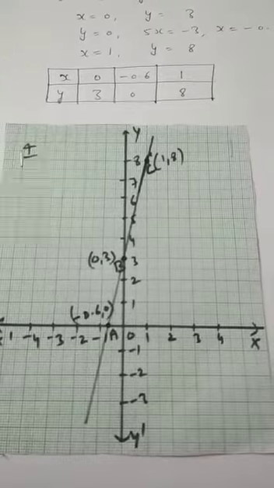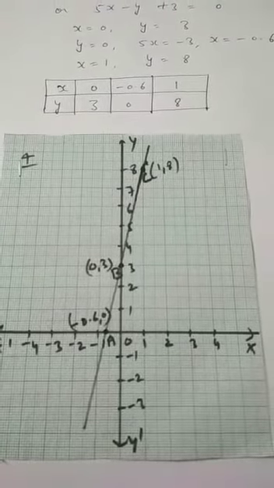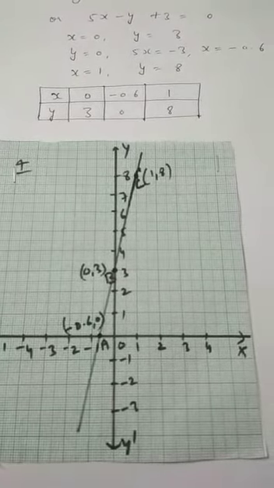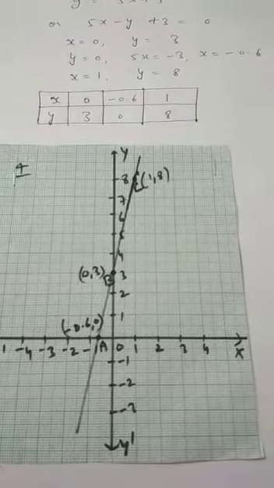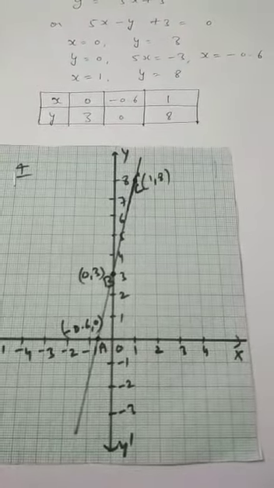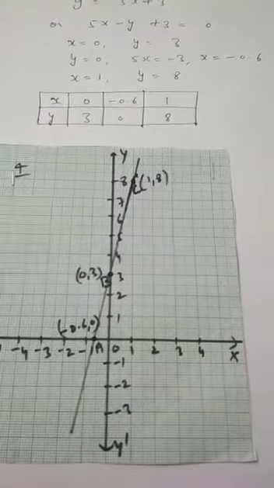Look at the graph. Here point A shows minus 0.6 and 0. Whenever you plot a point, first take the x coordinate and in the same line you will take y. Then B is showing 0, 3 and C is showing 1, 8.